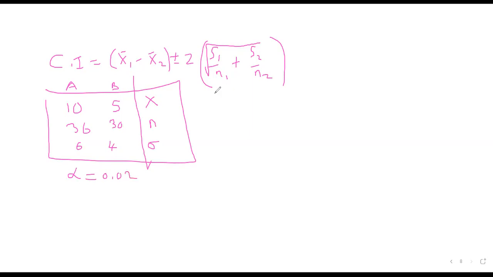So using this formula, the confidence interval is equal to mean 1, and mean 1 is what? 10, minus our mean 2, which is what? 5. Our Z will be at 0.02, which is 2%, we're going to have 2.33.